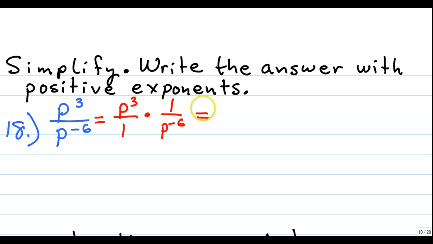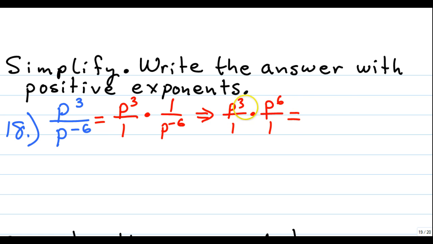So I'm going to come over again one more place, and I'm going to copy that p to the third over 1 as it is, but the p to the negative 6, I'm now going to rewrite this as p to the 6th power over 1. By taking that reciprocal, I've cleared my negative sign off the 6. Now I can clearly multiply across.